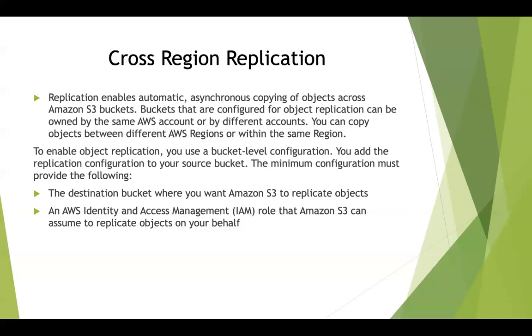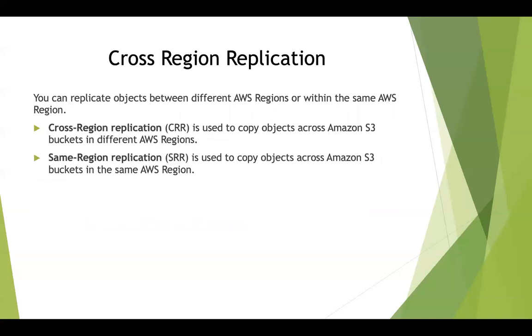Okay. So there are two types of replication. One can happen from one S3 bucket to another S3 bucket which are in different regions. I can have one S3 bucket in the Northern Virginia region and one in Sydney, and I can do a cross-region replication configuration. The second one is called same-region replication, which means both S3 buckets are within the same AWS region, so within the same Northern Virginia region.